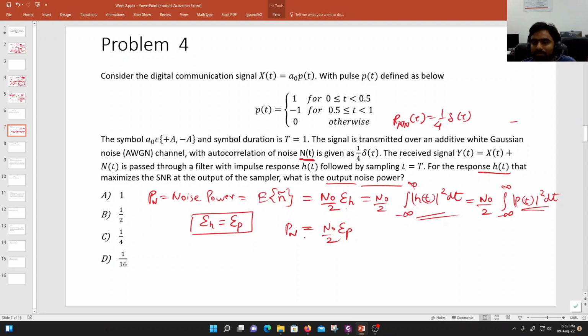Somewhere I read that variance is power. No, directly you cannot say variance is the power, because power is defined as the expectation of n squared. Variance, for general terms, I am defining as expectation of x squared minus E of x the whole squared. But the power is defined as the expectation of any random variable x of t the whole squared. This is defined as power, but variance is different. Okay.